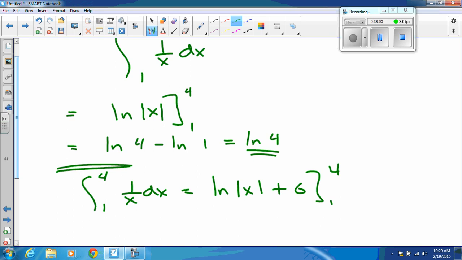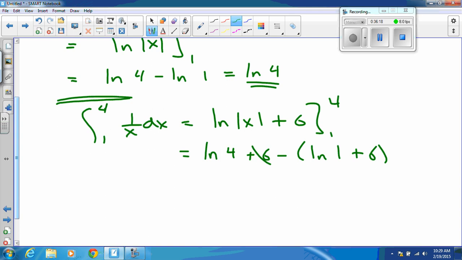Any constant whatsoever. Well, then I would get the natural log of 4 plus 6 minus the natural log of 1 plus 6. What do you observe? See, the 6's cancel because we're subtracting one 6 from another 6. And it could have been any c that I used there.